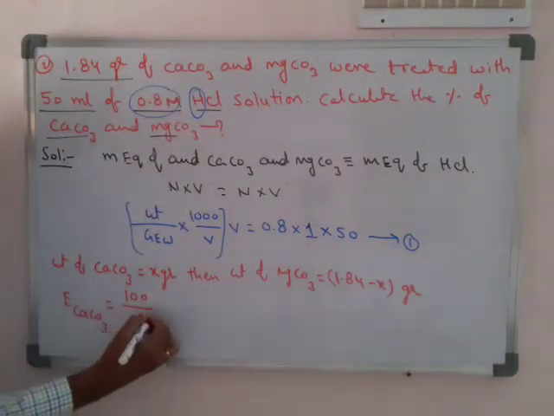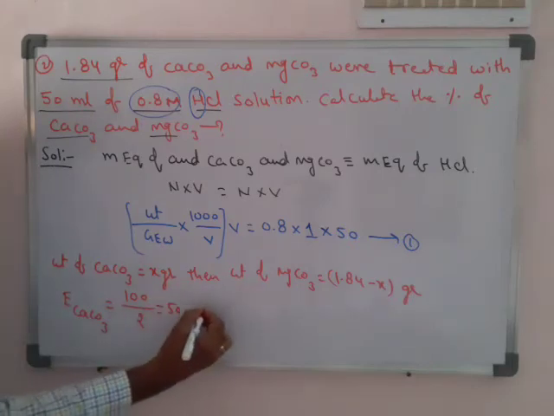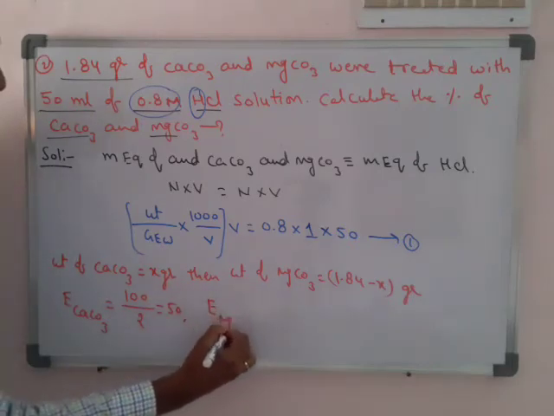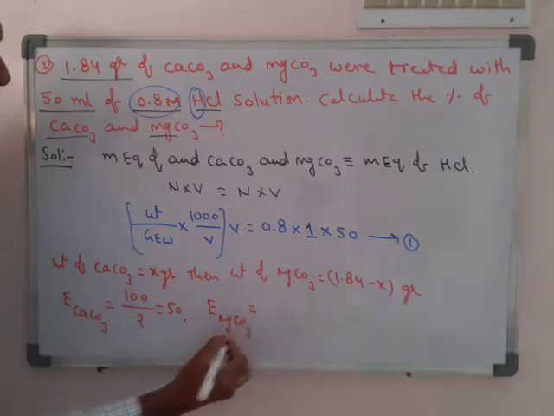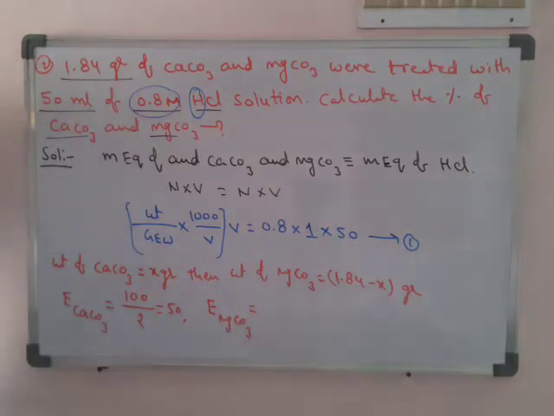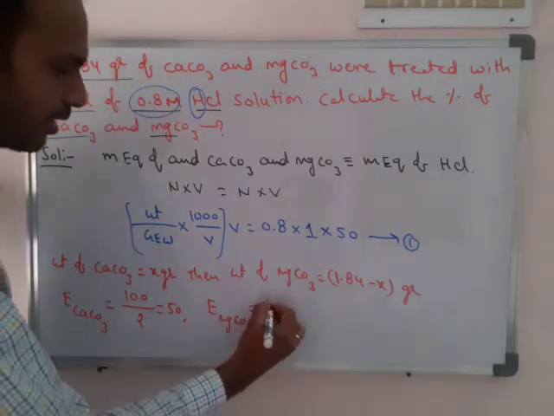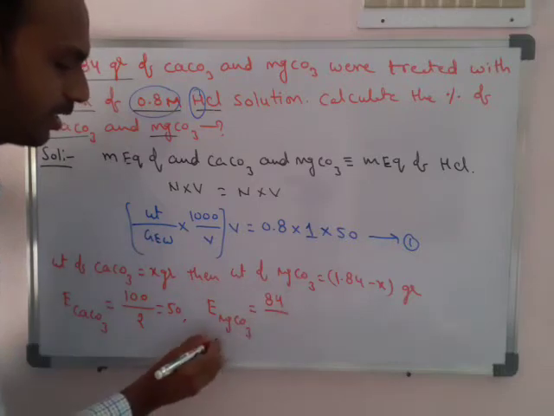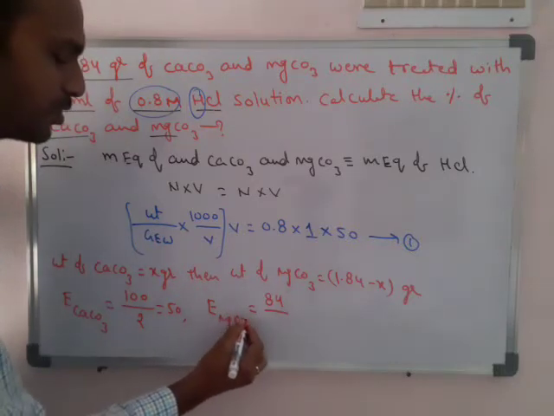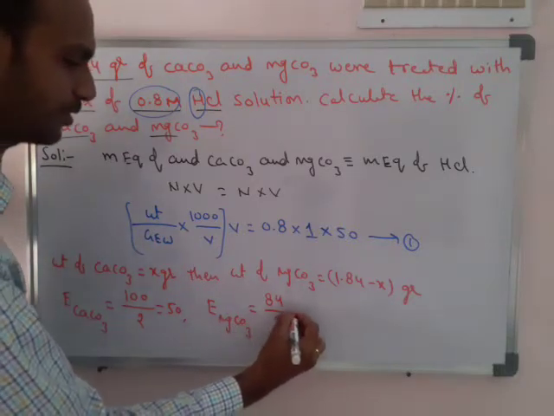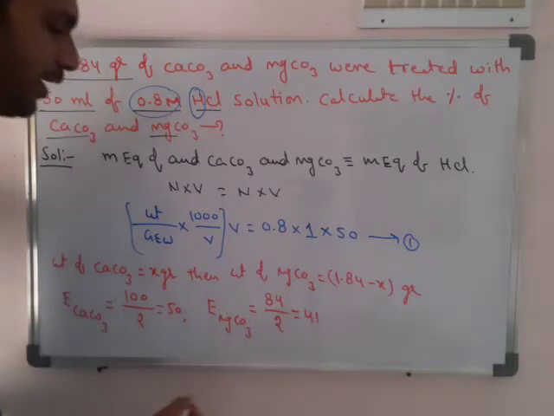So charge unit is 2, that is equal to 50. Then what is the equivalent weight of magnesium carbonate? It is 84 molecular weight. So here also Mg plus 2, CO3 minus 2. So that is equal to 41.